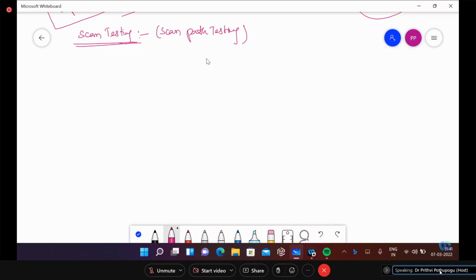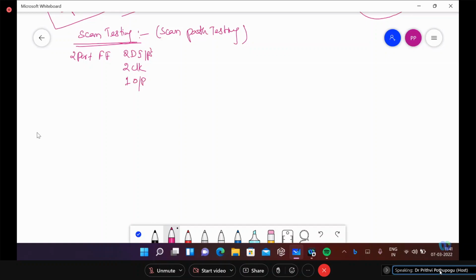See here, this will be using 2-port flip-flops. Each flip-flop will have 2 D inputs, 2 clocks, one clock for each D input, and 1 output.